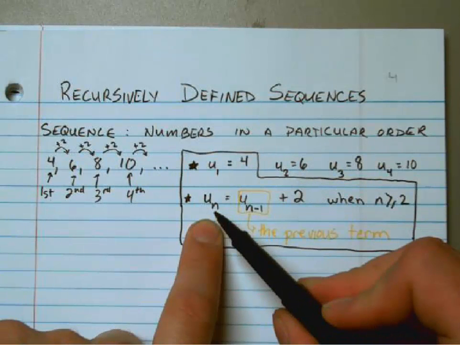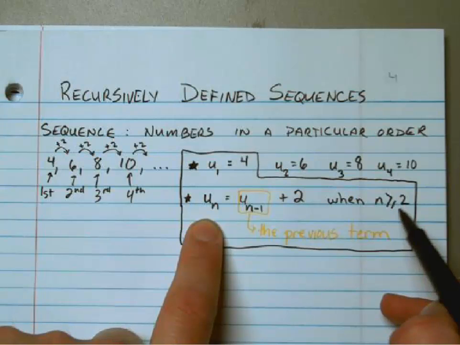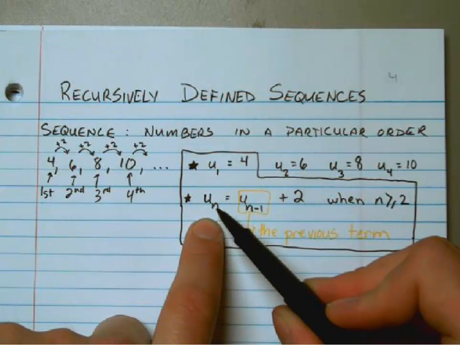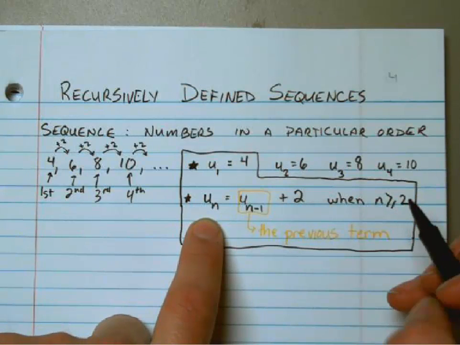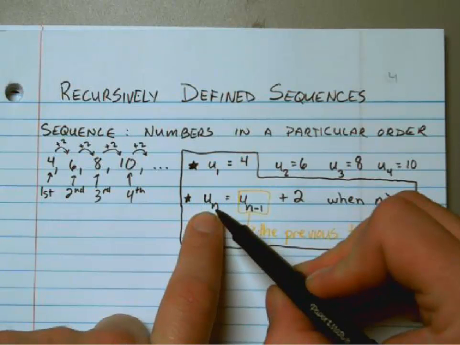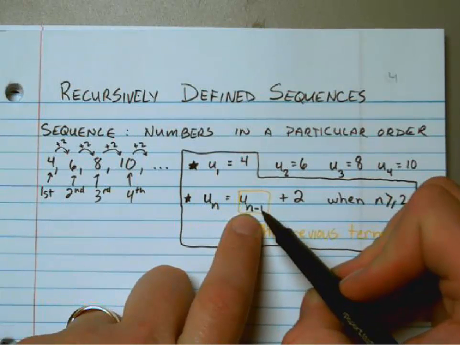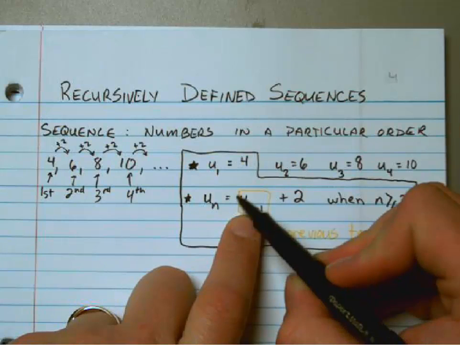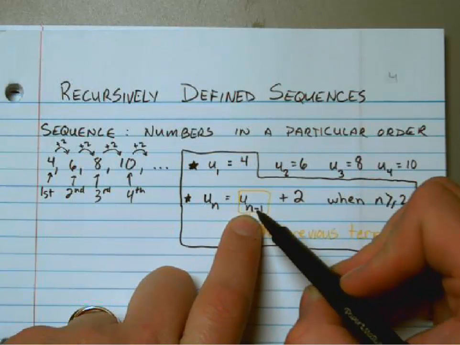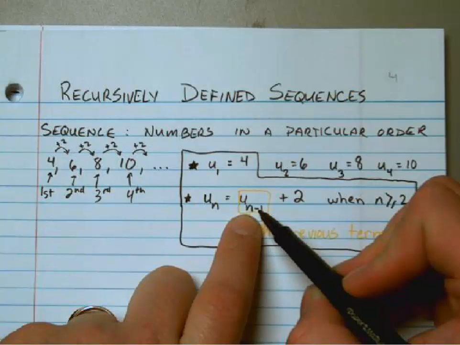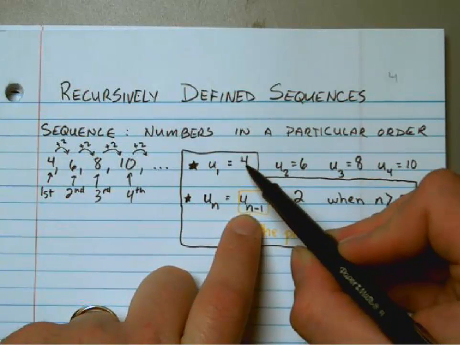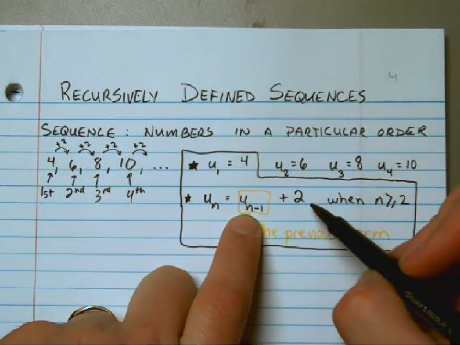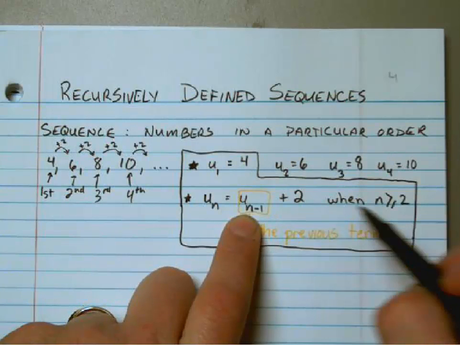If n is greater than or equal to 2, we use this rule. So if n is 2, what does that mean? Well, if n is 2, 2 take away 1 is 1. So this thing in the yellow box is u sub 1. Do I know u sub 1? I do. It's 4. So I put 4 plus 2, and that tells me that u sub 2 is 6.